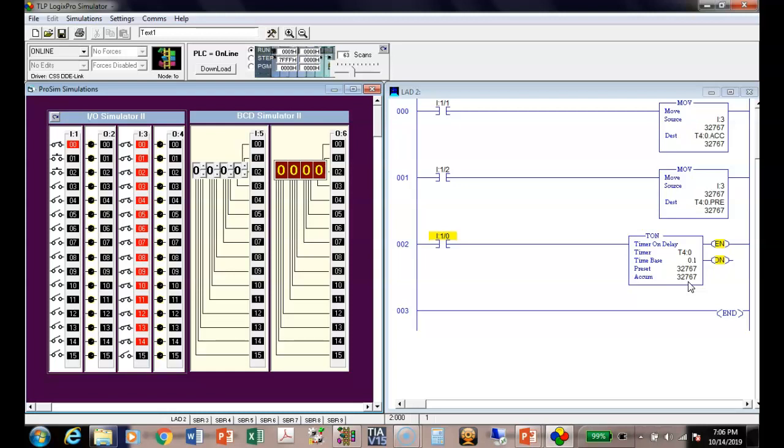You can put anything in this accumulator, and you can put anything in the preset. Normally we could change the preset on the fly, right? You understand that, which makes this a true variable. That makes sense? So this move instruction is really, really powerful. If I can address any data file, I can put anything in any data file anywhere. I could update my outputs if I wanted to.